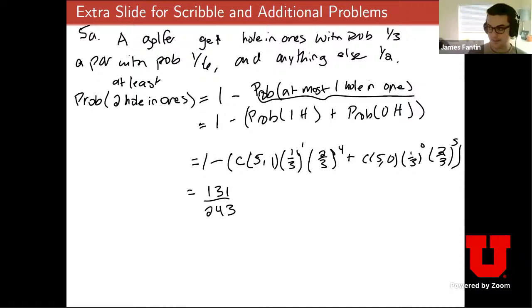Well, B is the same. B will be nearly the exact same problem, except instead of hole-in-one, you're just going to do at least 2 pars. So the probability just changes. Instead of 1/3, you just replace that with 1/6. Instead of 2/3, you just replace that with 5/6. But then you'll end up with a different probability once you do that.